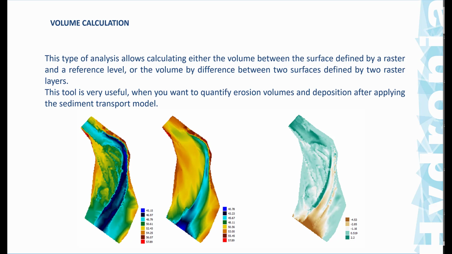And the difference between these two surfaces will give you the surface like it is here on the right, where you have areas of erosion, like with the minus values here, or net deposition. It's very useful to understand which are the more critical areas in this type of analysis. But you can use it not only for sediment transport and erosion deposition areas, but also for other purposes as well.